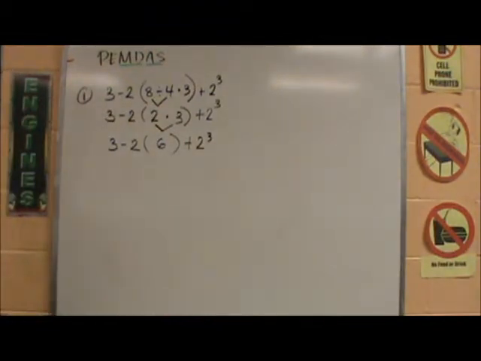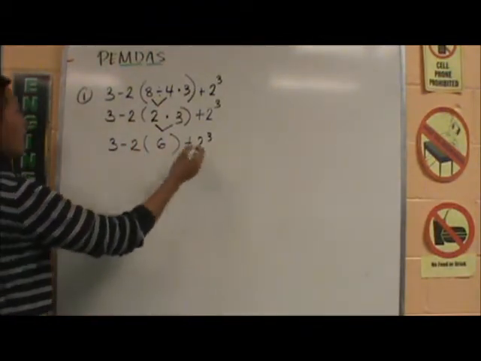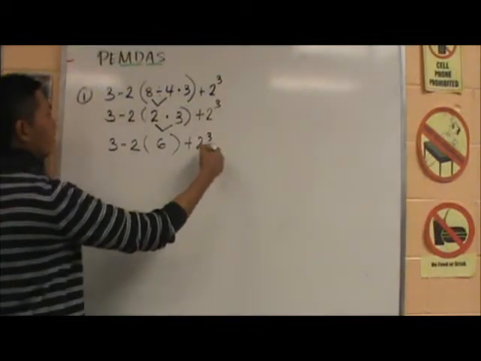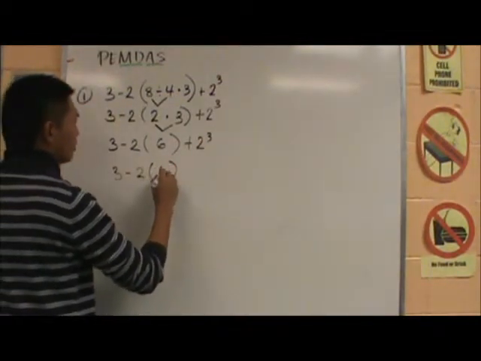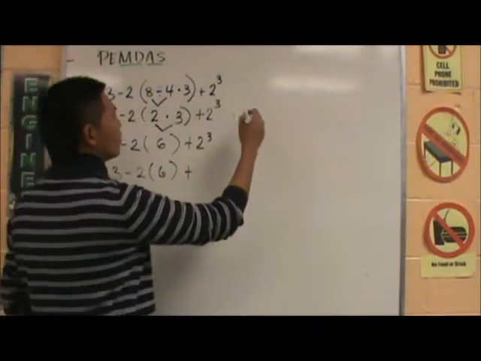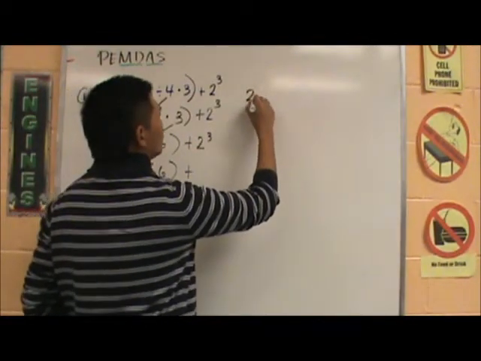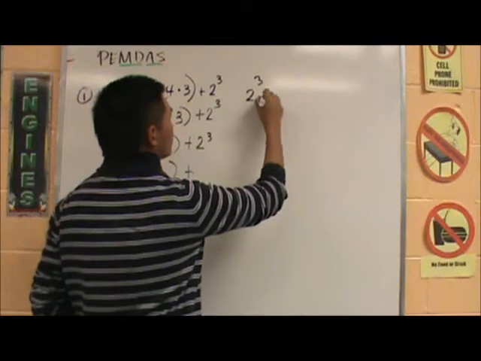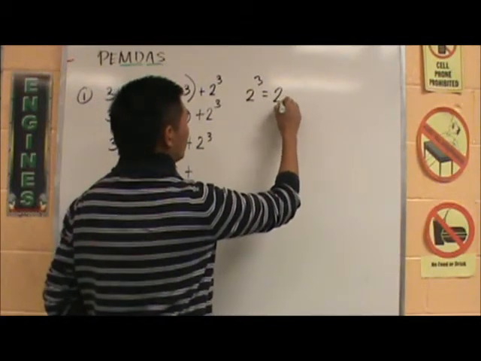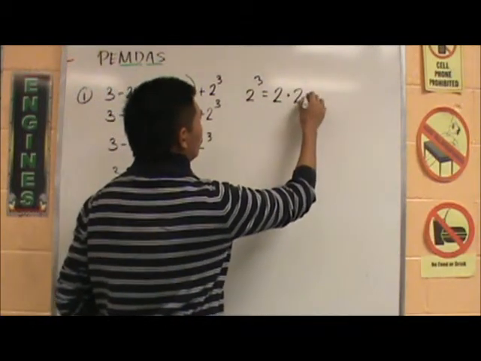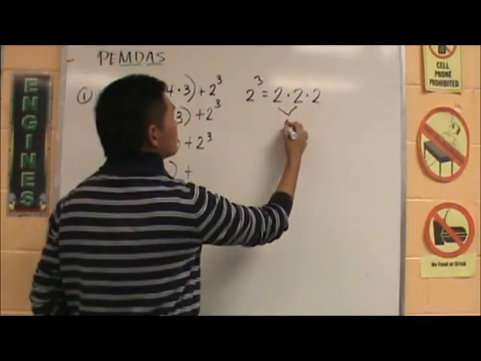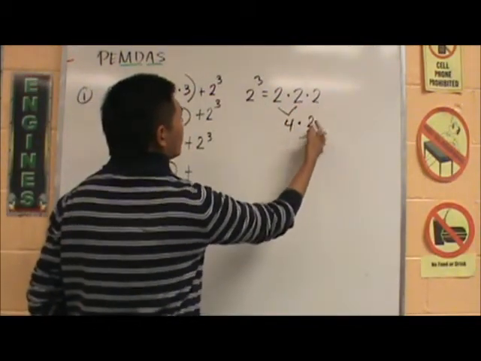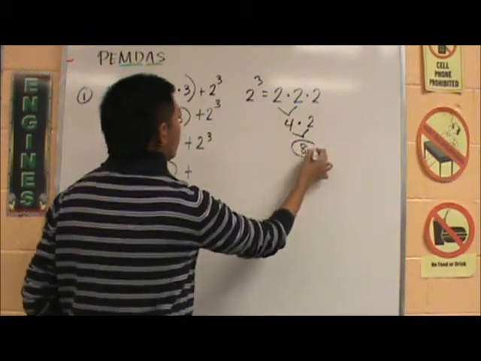Now, let me go ahead and solve that 2 to the third. What is 2 to the third? 2 to the third means I have to multiply 2 to itself 3 times. 1, 2, 3. Now 2 times 2 is 4. Bring that down, and now I have 8.